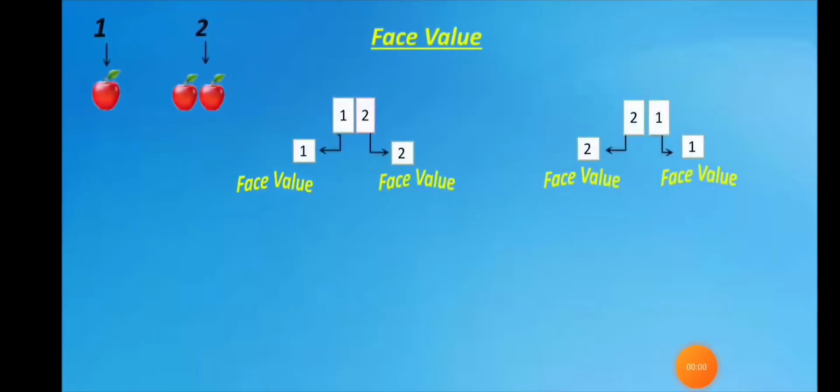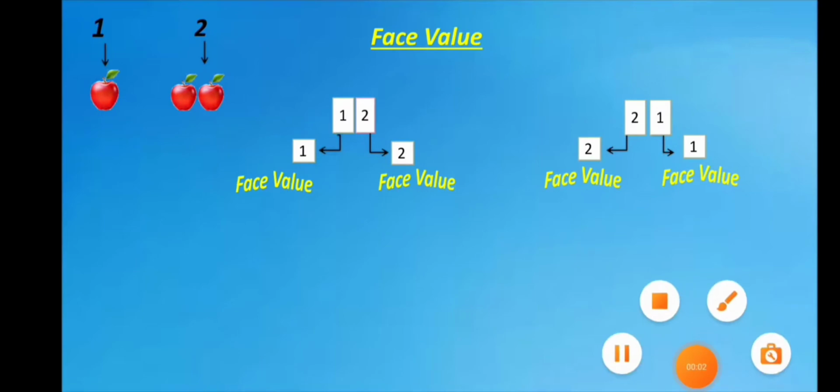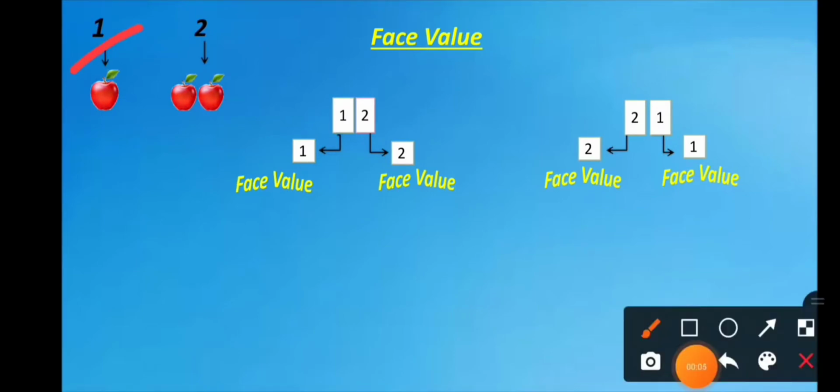So look at the digits 1 and 2. The digit 1 represents one object. Object means apple. Digit 1 represents one apple, and the digit 2 represents two objects. It means two apples.